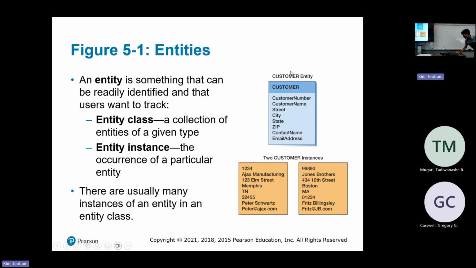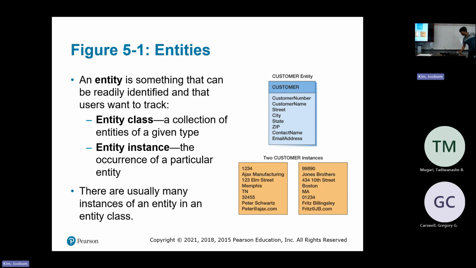Take customer. The customer has 1, 2, 3, 4, 5, 6, 7, 8, a total of 8 attributes: the name, address, contact name, email address, and so on. I'd like to keep track of that kind of customer data. Using this entity class, we add the actual data.